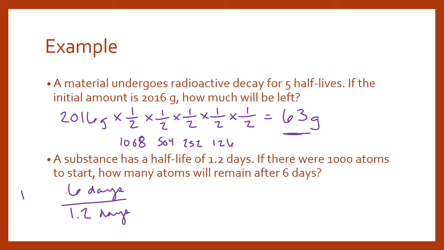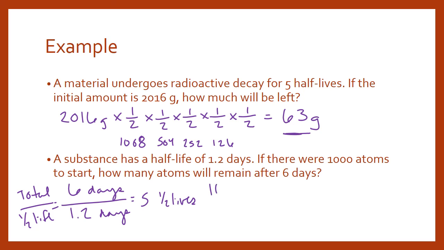This is my total divided by my half-life. If I do 6 divided by 1.2, that gets me 5 half-lives. So 6 days is the same thing as 5 half-lives. Now I'm going to apply the same logic that I did with the first problem.